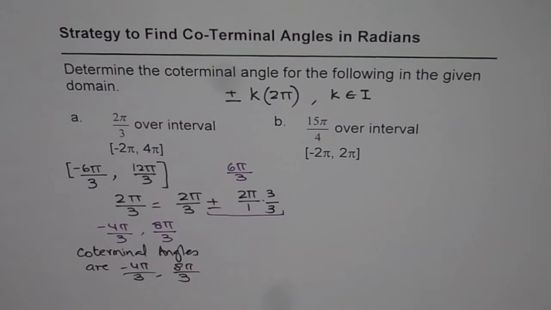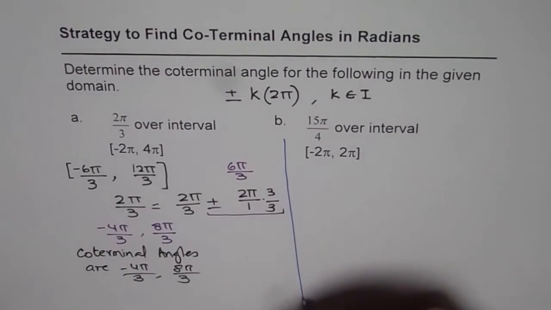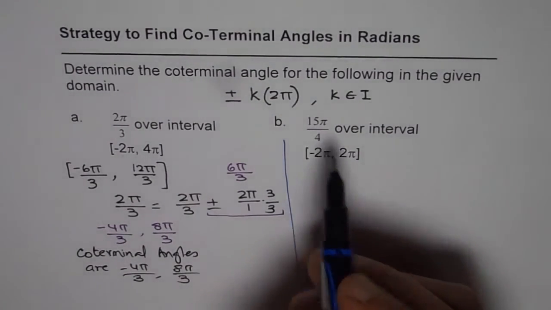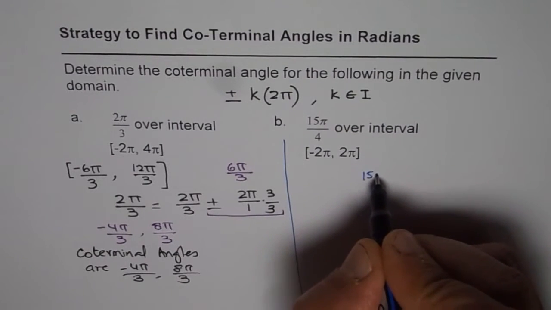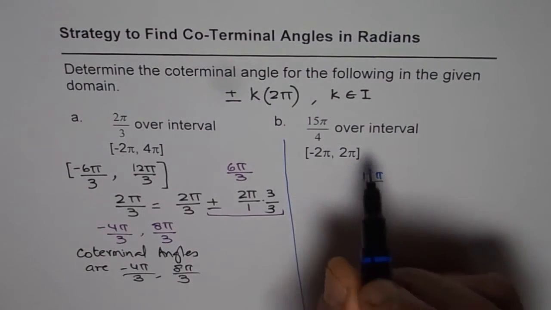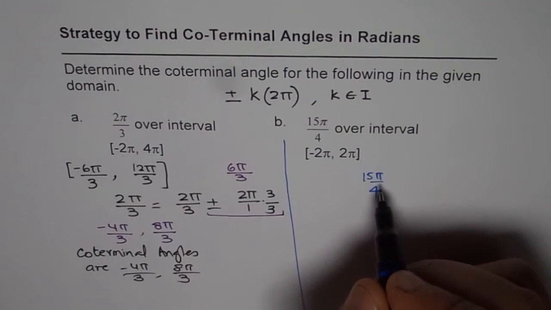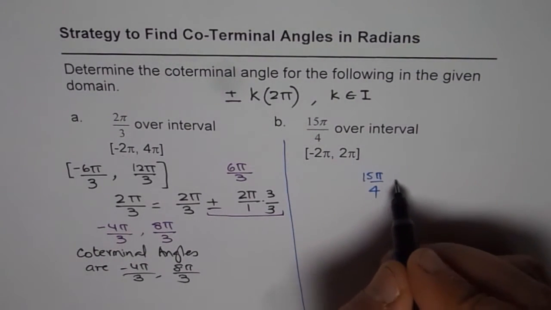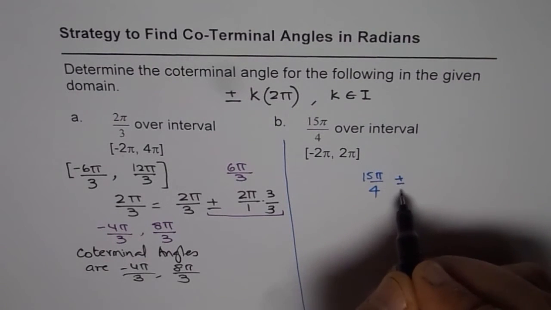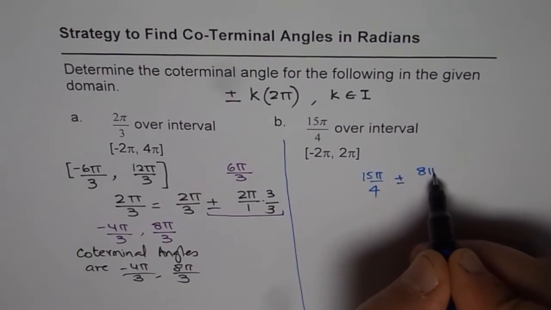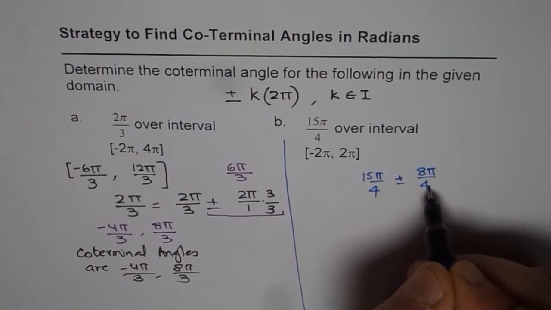So here I explained you the strategy, and this strategy we are going to apply now here, right? So what we have here is 15 pi by 4. Now to find the coterminal angles, we have to add multiples of 2 pi. So basically we could add and subtract something by 8 pi by 4. Do you understand? 8 pi by 4 is 2 pi, right?